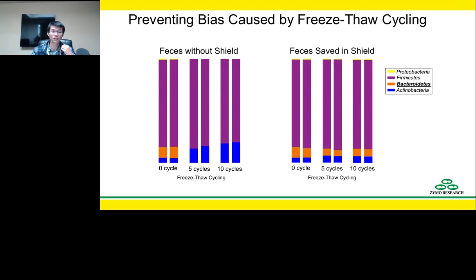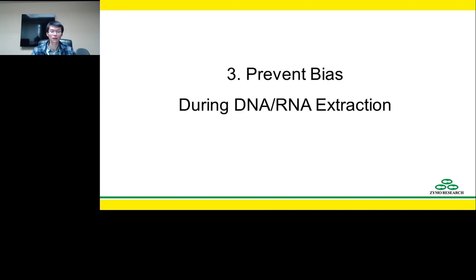As you can see, going through 5 cycles of freeze-thaw cycling can cause a dramatic change in the microbiome profile.